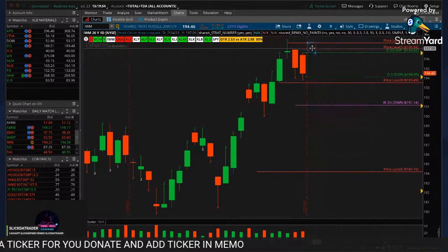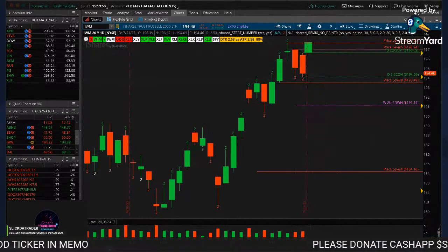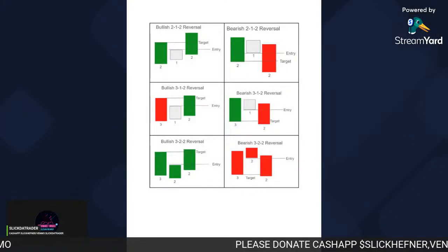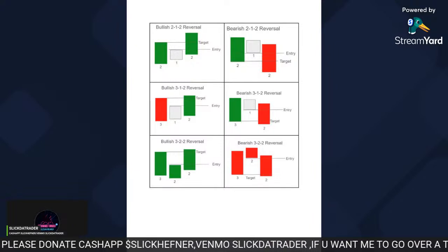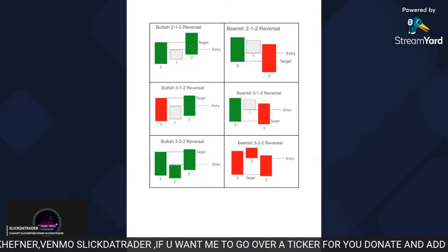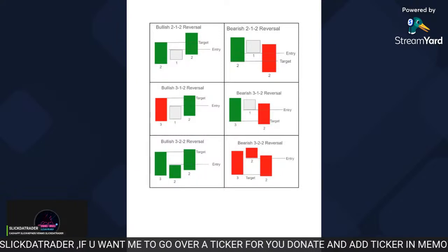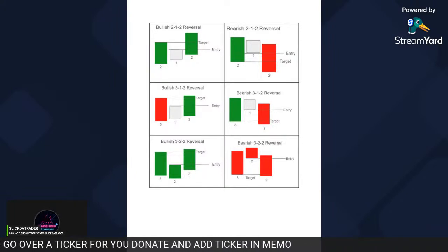All right. So, because we got this 2 down, we're looking for a 2 up. And if you look at the strat cheat sheet, boom, this is what we're looking like. Doesn't matter if it's red, it really doesn't matter at all. As you can see, 2 down is lower than this one. As you can see right here, it's lower.